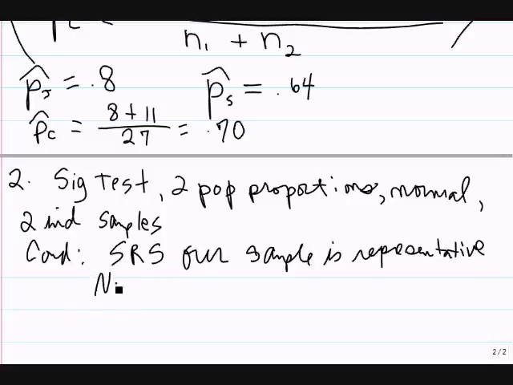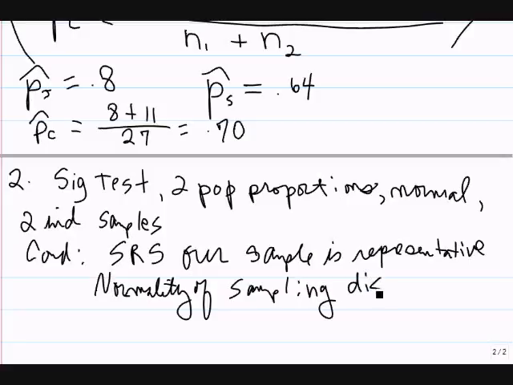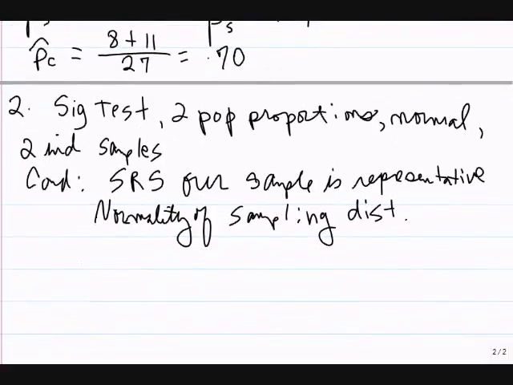Now, for the normality of the sampling distribution, every once in a while I like to write out "sampling distribution" because we're finding the normality not of the sample distribution, but of the sampling distribution, which are those things on the wall.